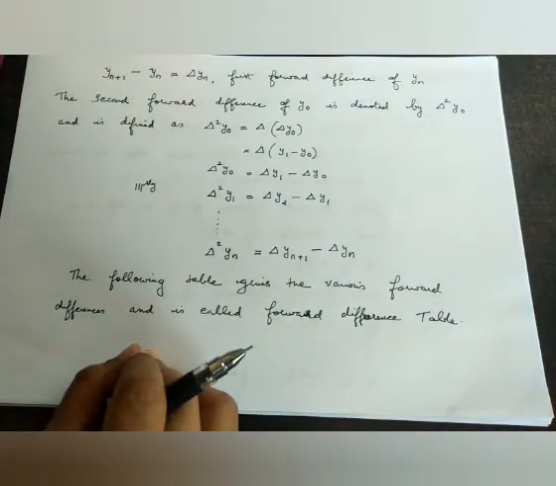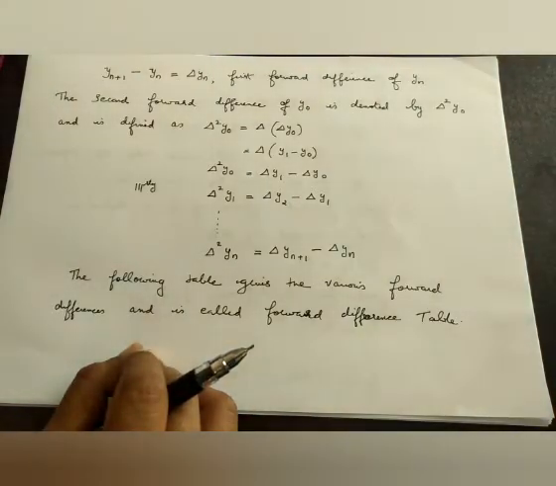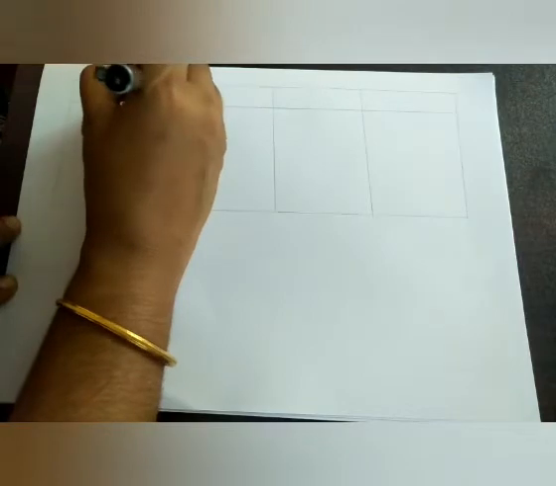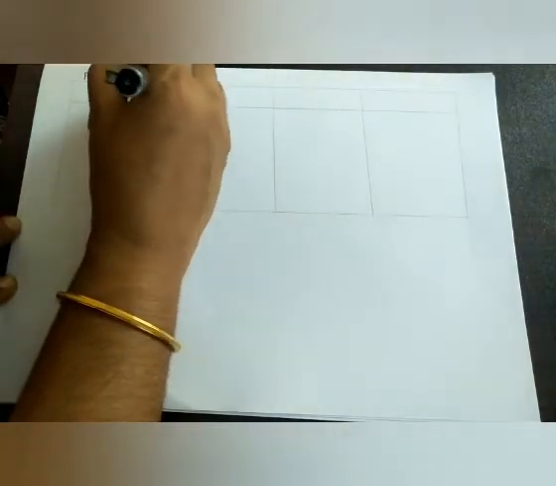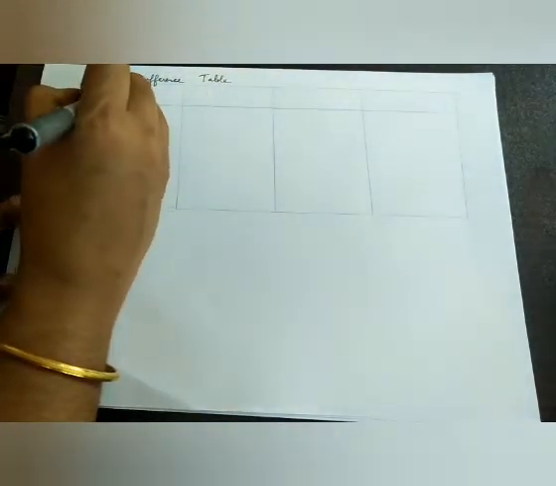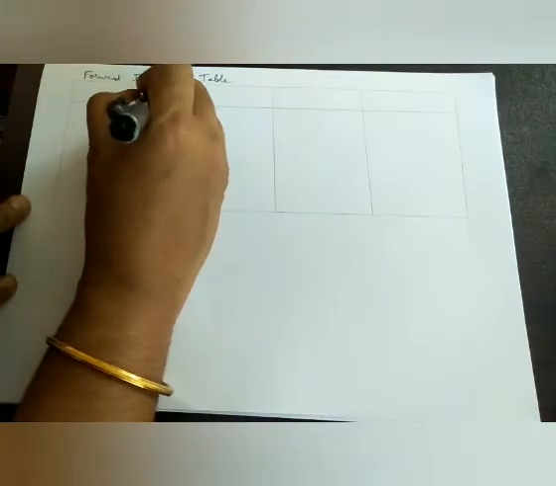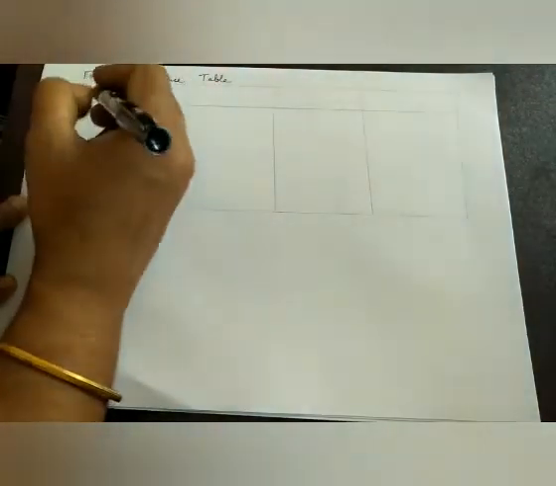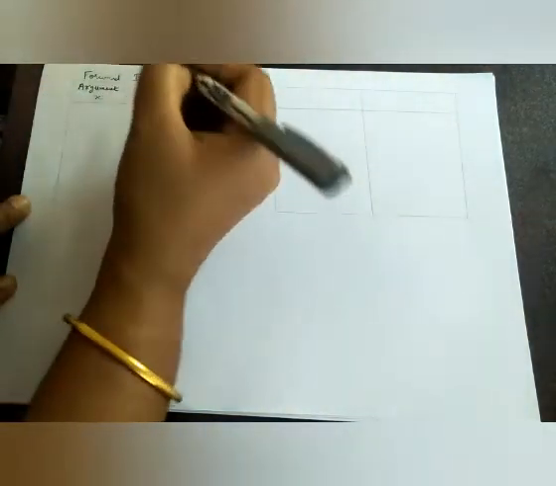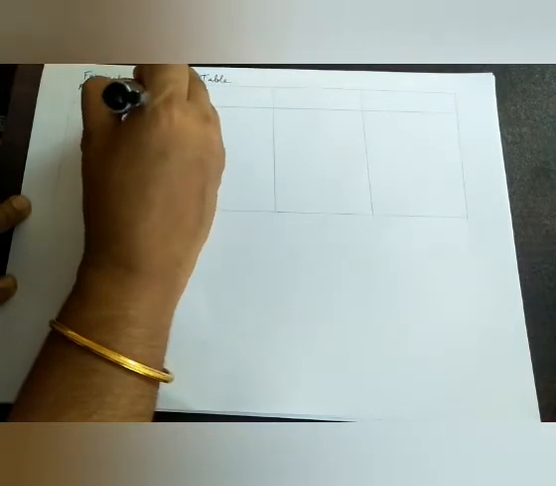I am going to draw a forward difference table using first forward difference, second forward difference, etc. First of all, the values of x and then the corresponding values of y. Now, the values of x can be written as arguments. Values of y can be written as entries.